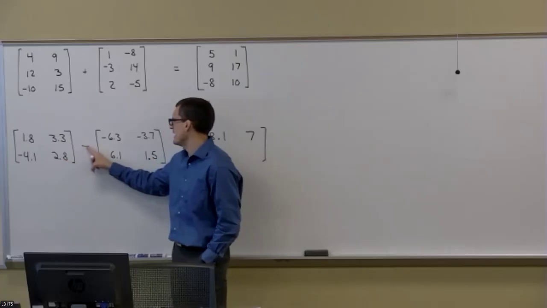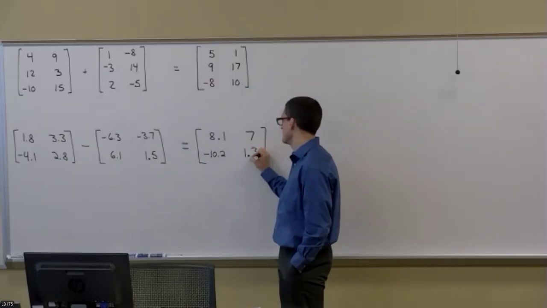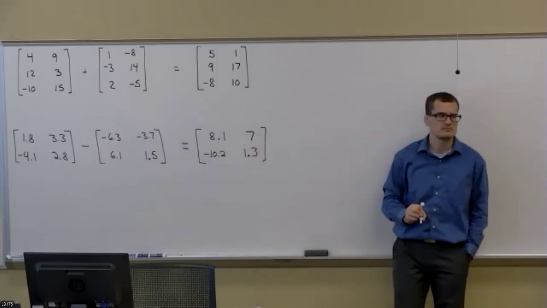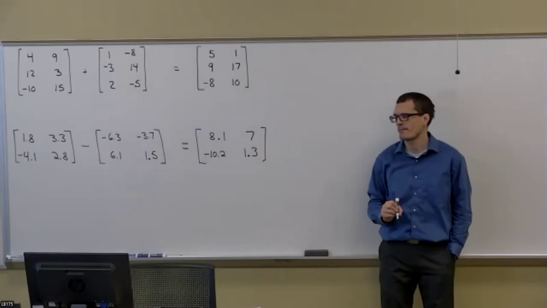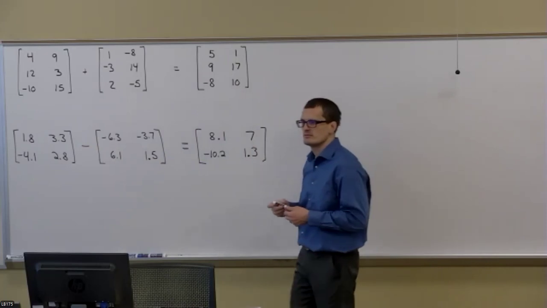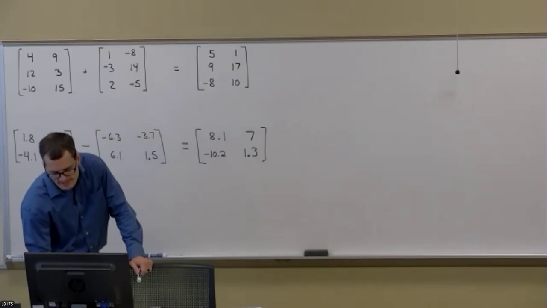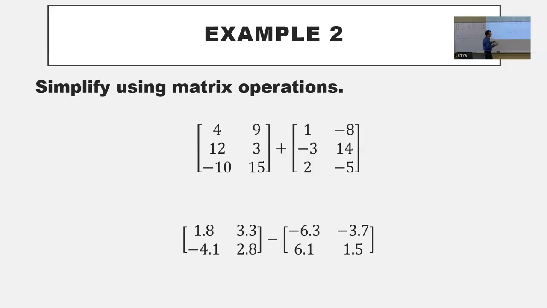And then 2.8 minus 1.5 is a 1.3. Okay. And again, we're just subtracting those entry-wise. So adding and subtracting matrices of the same dimension works out nicely. It's entry-wise addition or entry-wise subtraction.